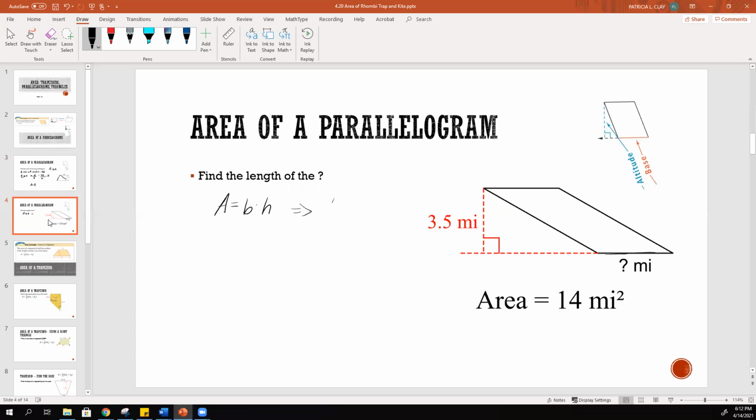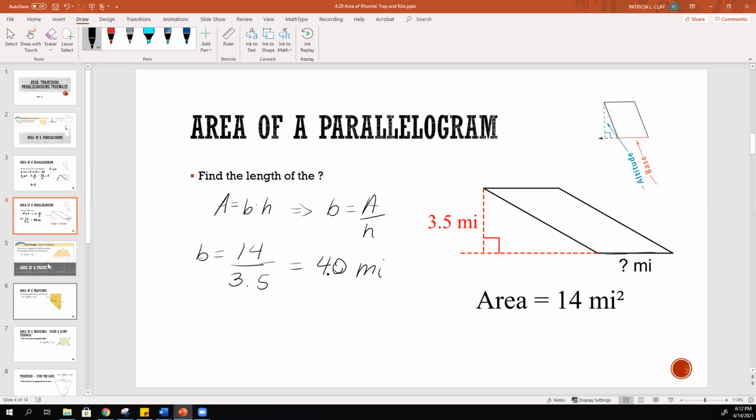Base is equal to area divided by our height, which is right here. So we just plug in 14 divided by 3.5, and that gives us 4. Don't forget the units, 4.0 miles. Remember, base is just going to be in miles. Area is in squared. All right.